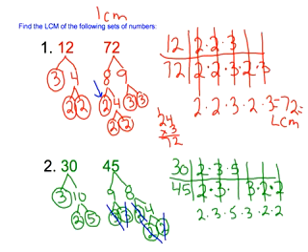And that's going to give me my LCM. So 2 times 3 is 6 times 5 is 30. 30 times 3 is 90. 90 times 2 is 180. And 180 times 2 is 360. So 360 equals my LCM.